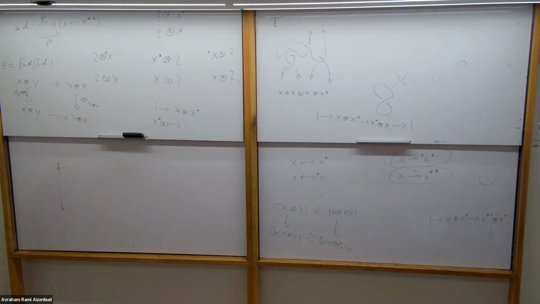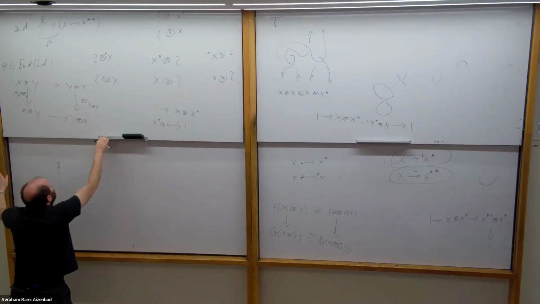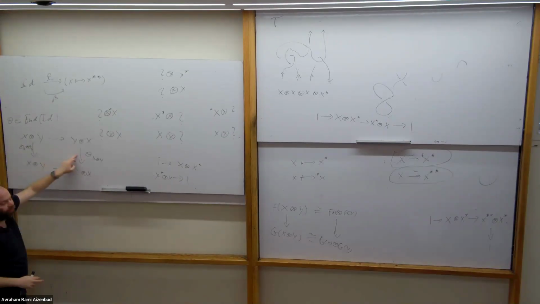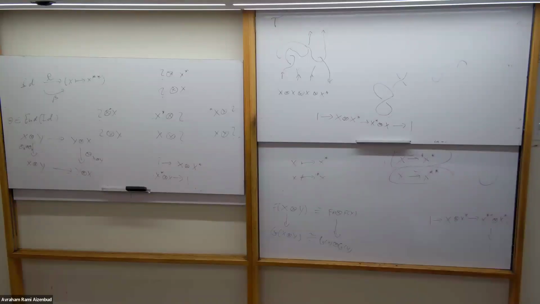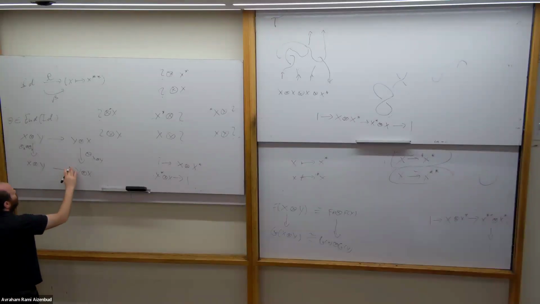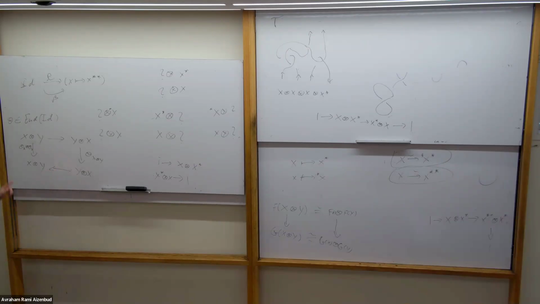But it cannot be identity always, because if you look at this diagram, here we put identity, here we put identity, then what will we get? At some point I need to put the inverse braid. I'm sorry, here I should put the inverse braid. Then we get that the braid square is identity, which is wrong because it's not symmetric.